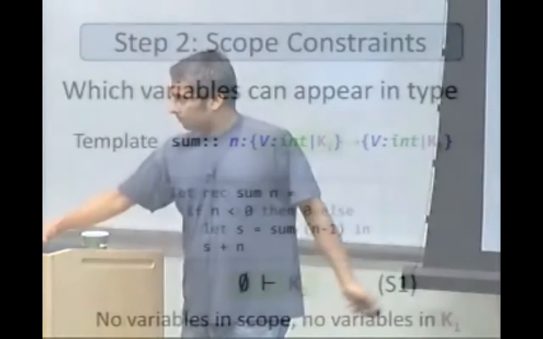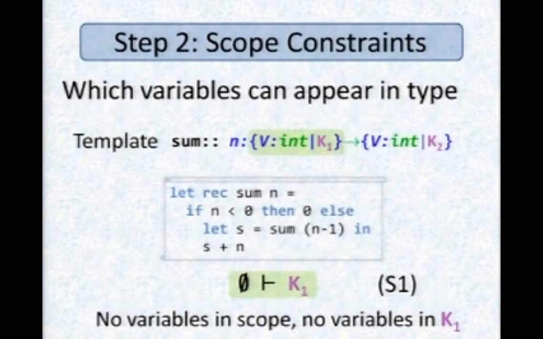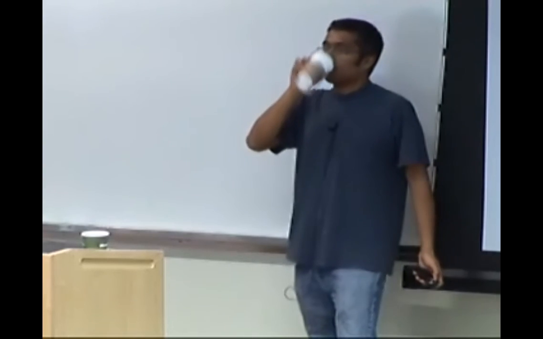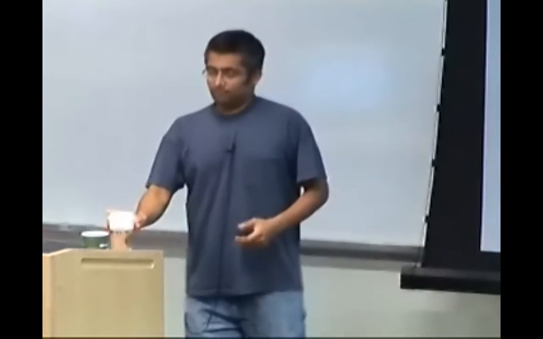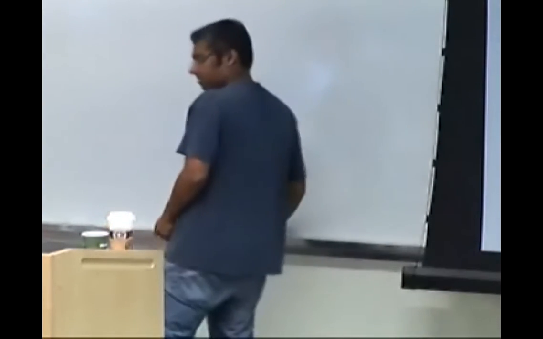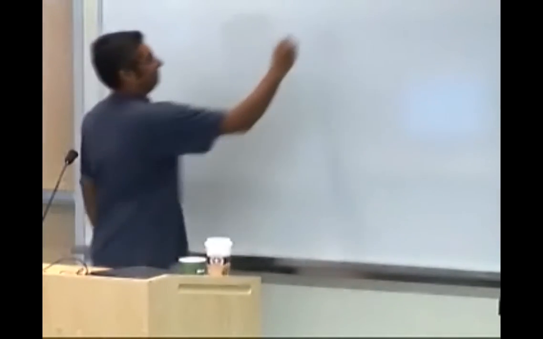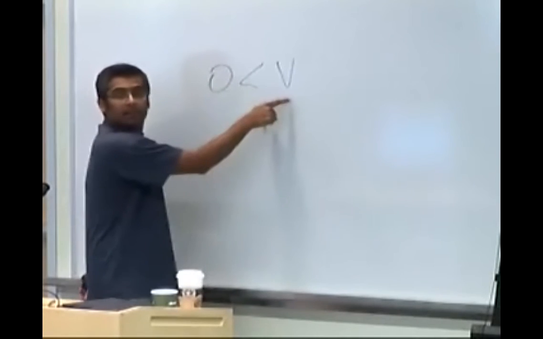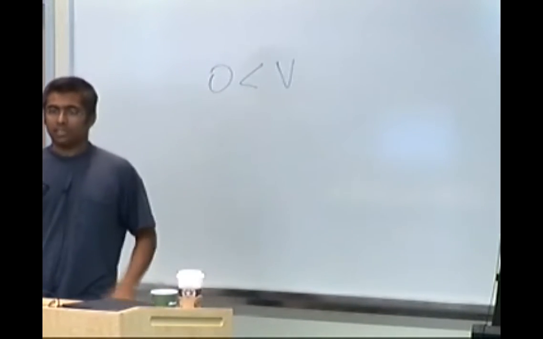Can you go back to the previous slide where you say that K1 has no variables? If I want to assert a precondition on sum, say that n has to be non-negative, then I would assume that my liquid type has the predicate that v is greater than 0. So when I say no variables, I mean other than v.